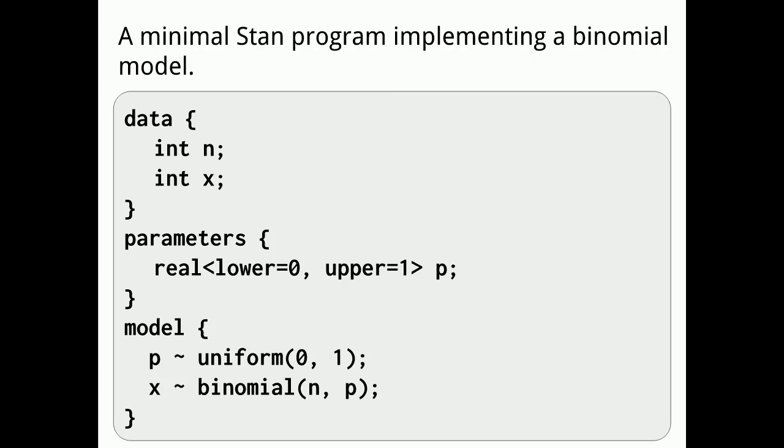You can't have less than 0 or more than 100% successes, so we need to constrain p to be between 0 and 1. Finally, we describe the generative model where we state that p is distributed as a uniform distribution between 0 and 1, that is, this is the prior on p, and x is distributed as a binomial distribution with n trials and a p frequency of success.